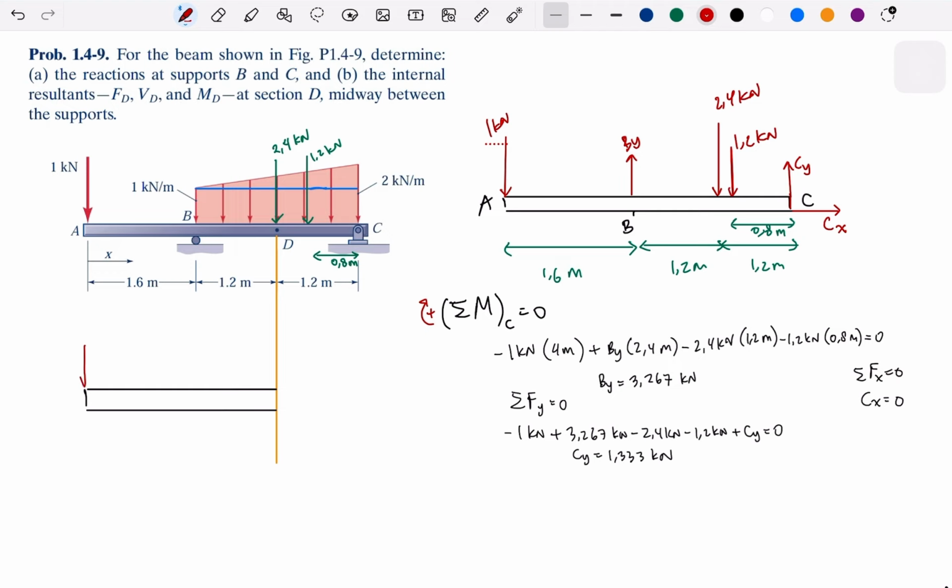So we write the same 1 kilonewton here. And we have a different distributed force because we cut here, so we might have this shape, a different rectangle and triangle, different area. So this is 1 kilonewton per meter.